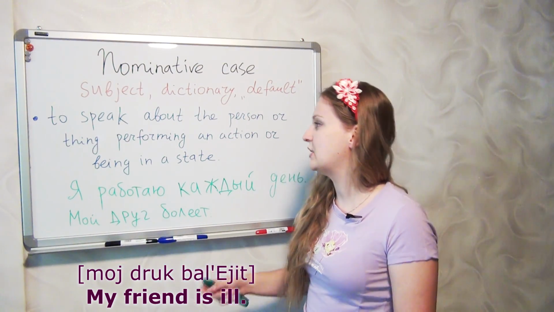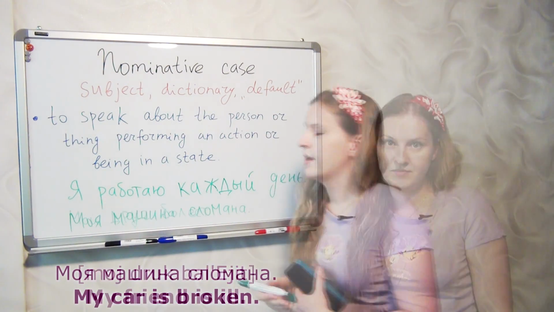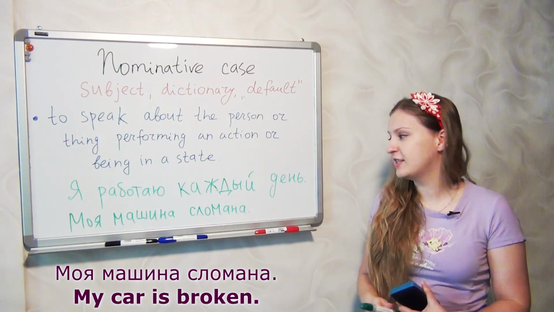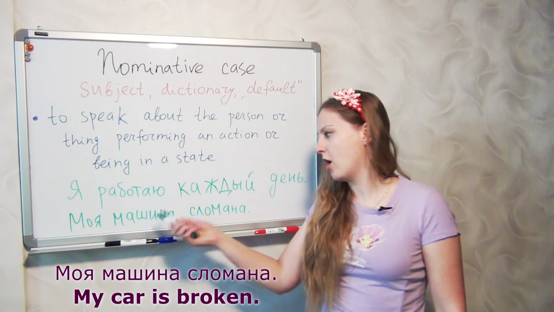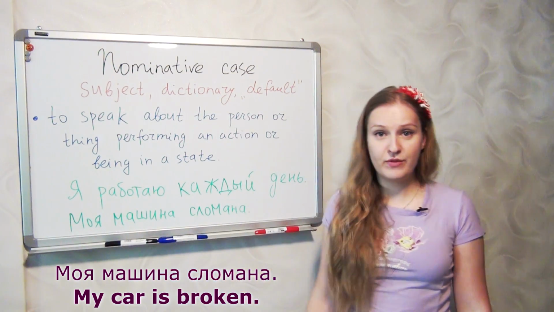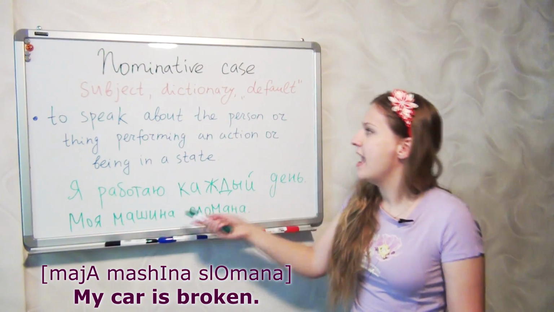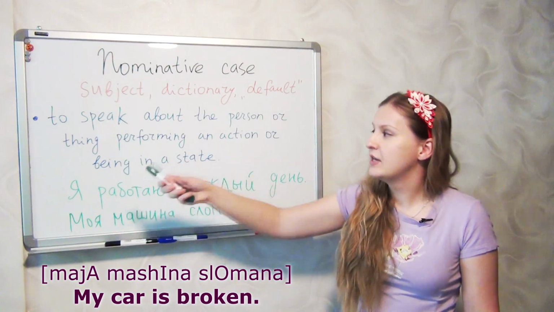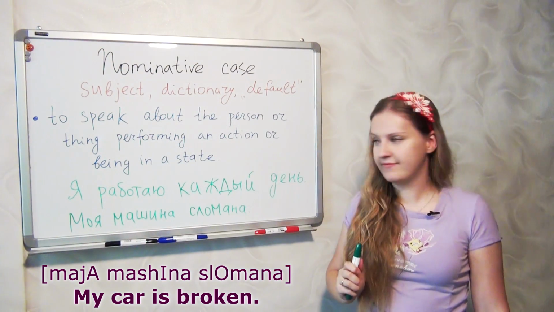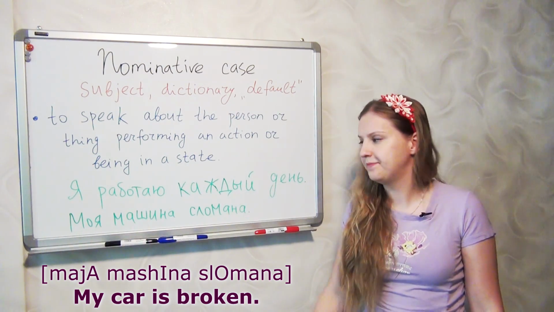Here we talk about a person being in a state. Моя машина сломана. My car is broken. Here, both these words, моя машина, are in the nominative case because this is a thing being in a state. Моя машина сломана. My car is broken.